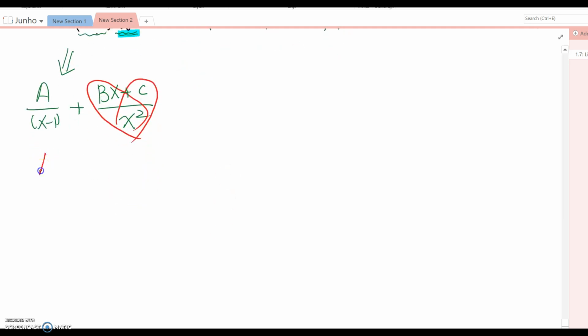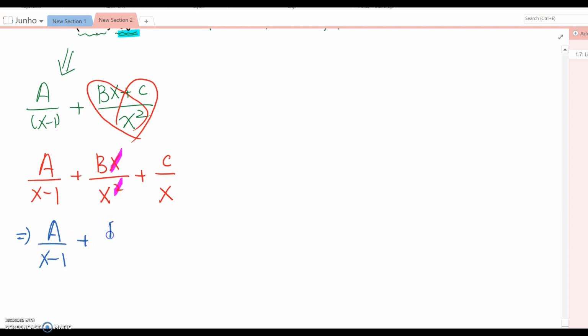Then this becomes a over x minus 1 plus bx over x squared plus c over x squared. Now you see we will cancel out one of these x, then the decomposition fraction setup becomes a over x minus 1 plus b over x plus c over x squared basically.